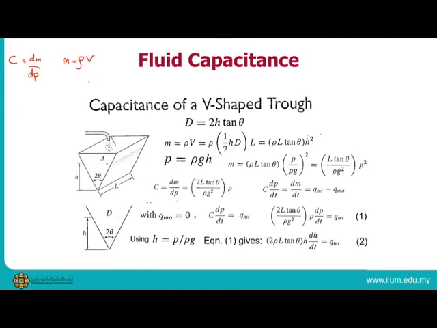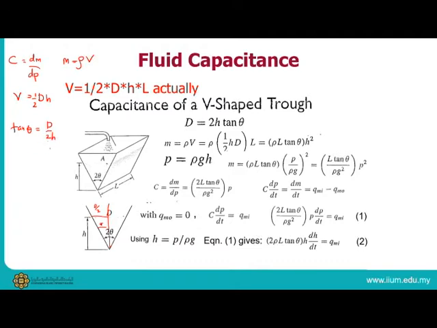V is the volume. If you look into this container, the volume is equal to d half dh. Okay, the term d here you need to express in theta. So to do that, if you divide this into two parts, right? This one is theta, this one is d over 2, right? So if you calculate tangent theta, it's equal to d over 2 over h, right?